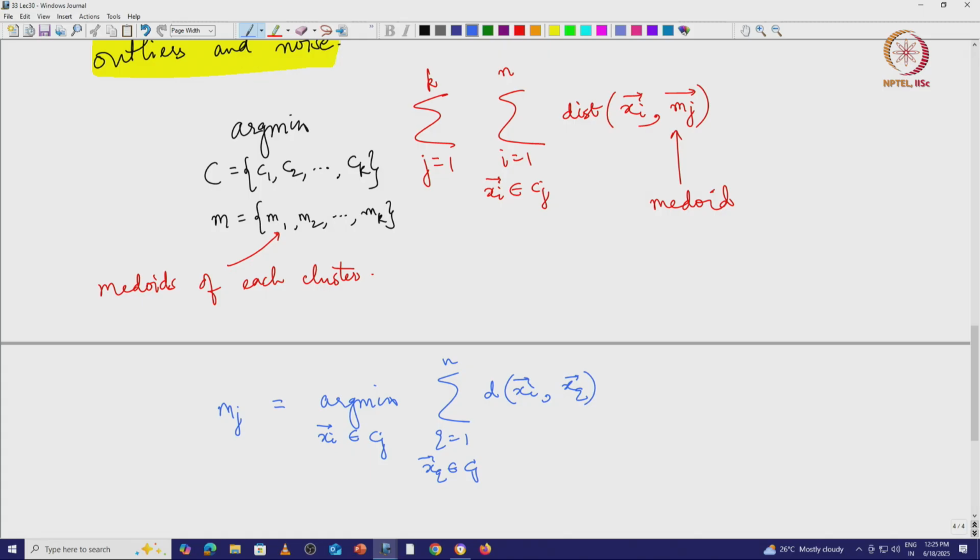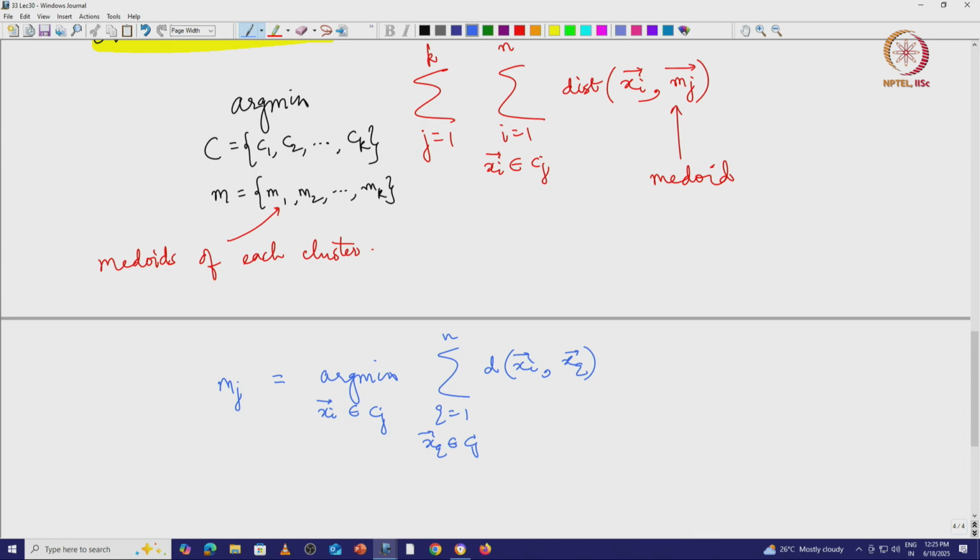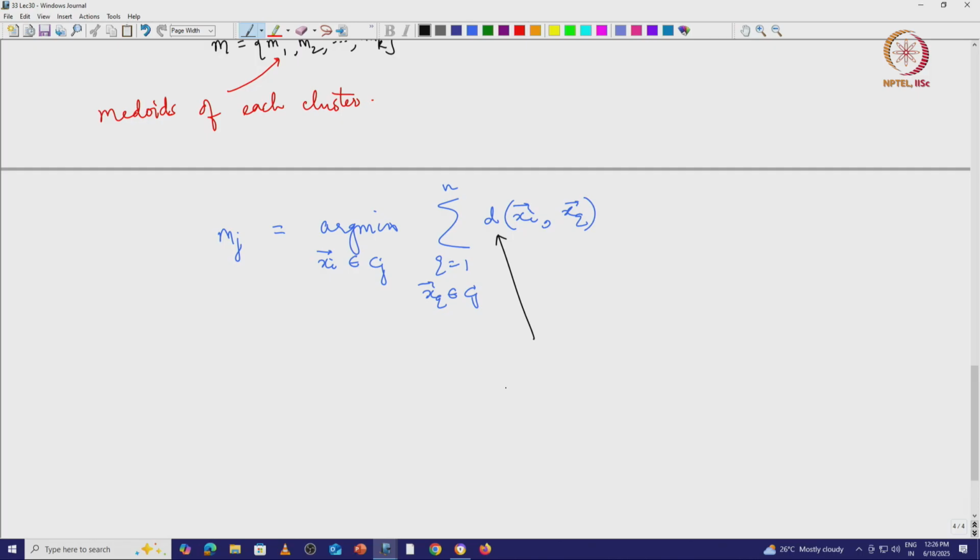So you are summing over all the q's and you are finding which point it is that is most centrally located. So this is how K-medoid clustering works, and it is very nice because in this case, because we are not really relying on the mean, we can use any sort of distance metric here. So instead of the Euclidean distance, we are free to choose any other distance metric.